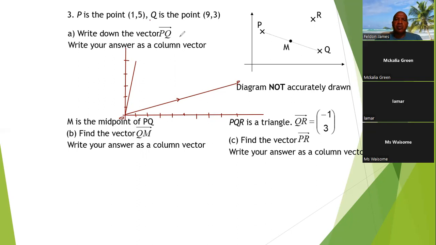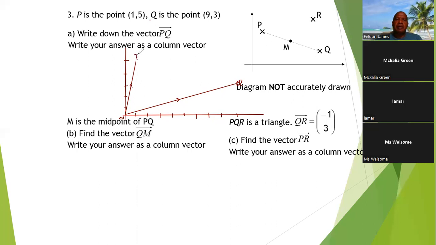This starts at O, so the vector Q is 9, 3. So this one starts at O and ends at Q. This one starts at O and ends at P. So this one is the vector going from O to P.